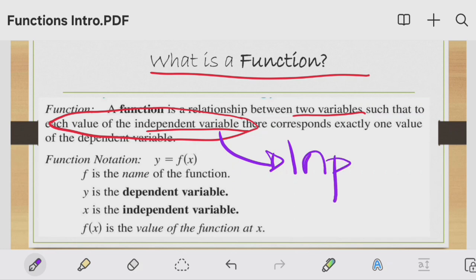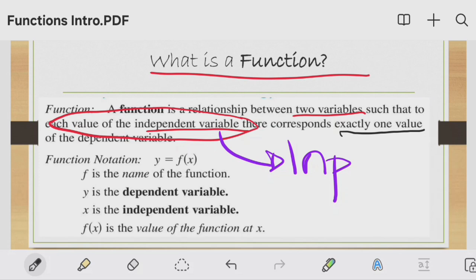Good job. So a function is a relationship between two variables such that to each value of the independent variable there corresponds exactly one. Listen to that. There corresponds exactly one value of the dependent variable.